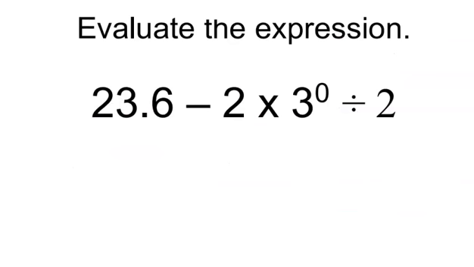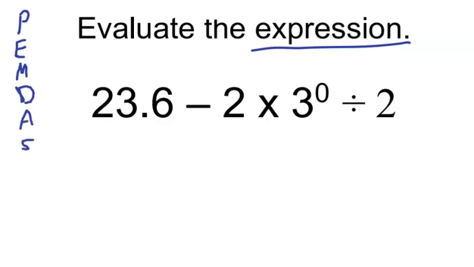All right, evaluate the expression. Okay, this is interesting. So we are going to do a PEMDAS type of thing, but there are no parentheses. There are some exponents. Okay, D-A-S. All right, so there are no parentheses. Actually, there's one exponent. It is right here.